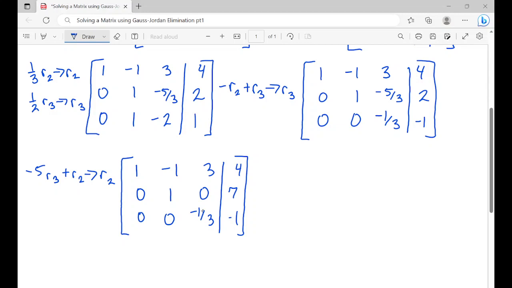And now I'm going to clear out the -1/3. I want it to be just a 1, so I'm getting rid of the fraction. So -3 row 3 for a new row 3. So rows 1 and 2 are going to stay the same again. So 1, -1, 3, 4.